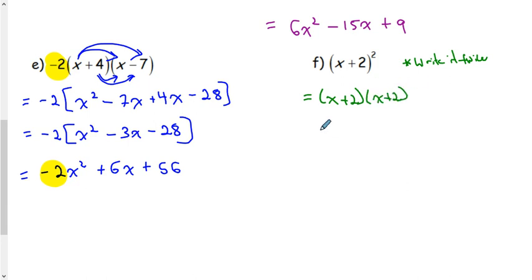It just means times itself. Now let's multiply through the brackets. x times x is x squared. x times 2 is 2x. 2 times x is 2x. 2 times 2 is 4. Let's collect our like terms. And now we've got it in standard form.